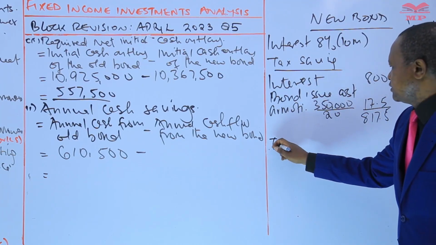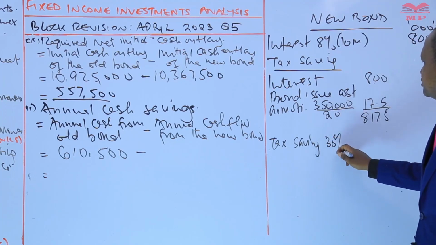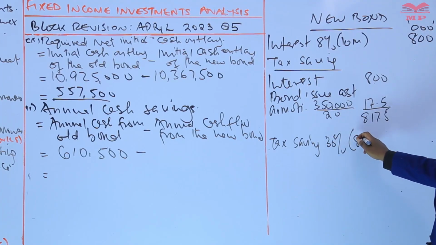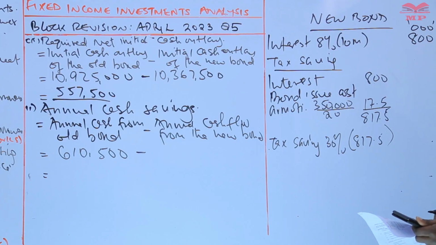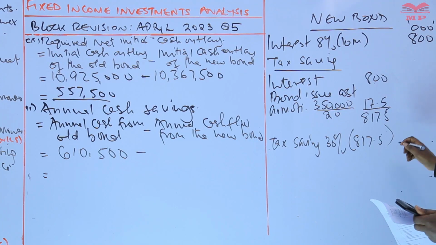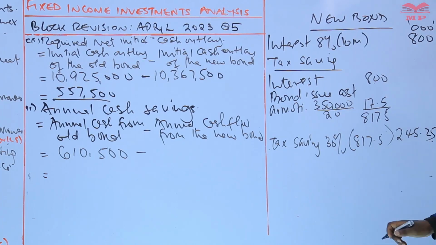Then the tax saving, 30% times 817.5, times 0.3. So the tax saving is 245,250.